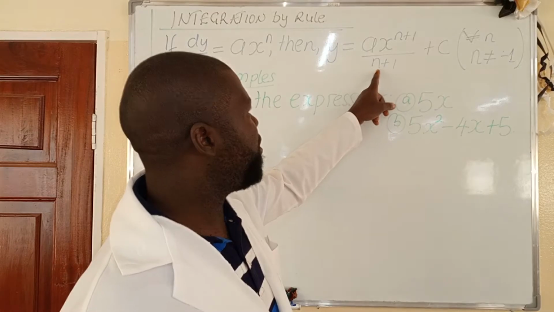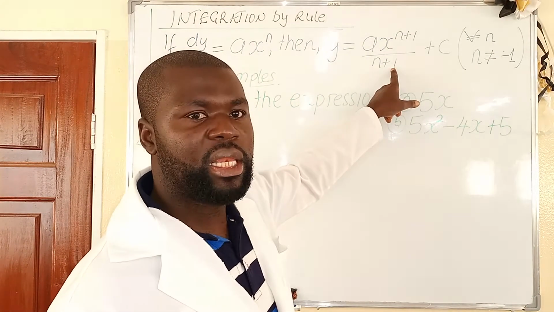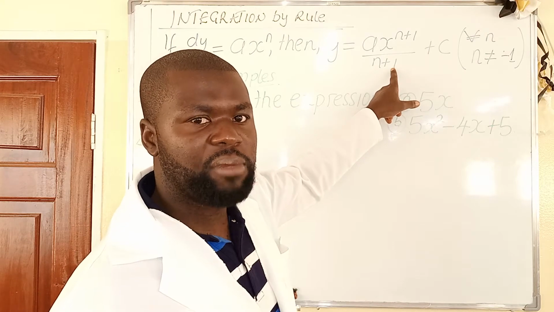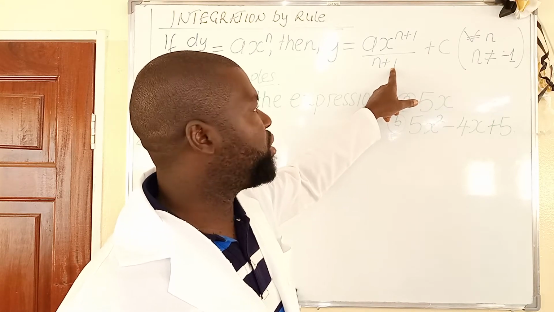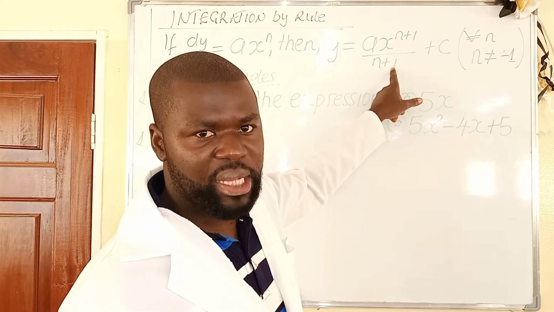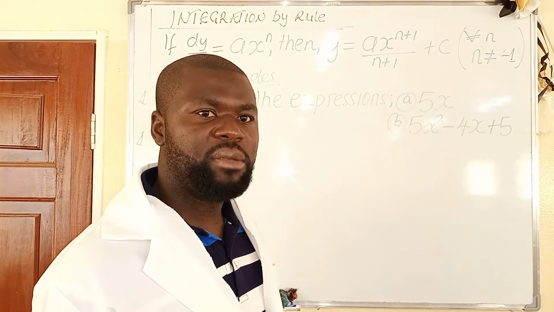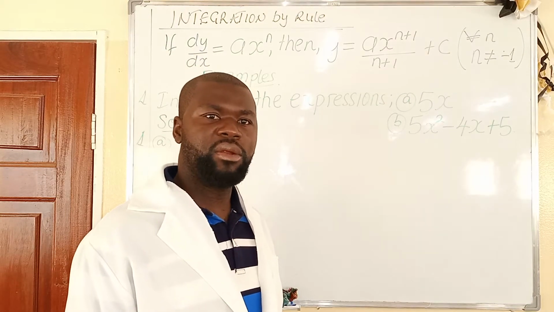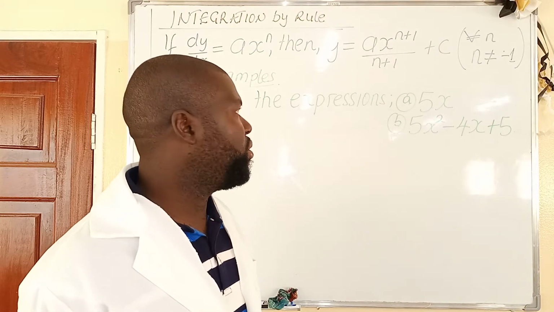The value of n should not be negative 1, because if it is, we would have 0 as the denominator, and in mathematics, division by 0 is illegal.